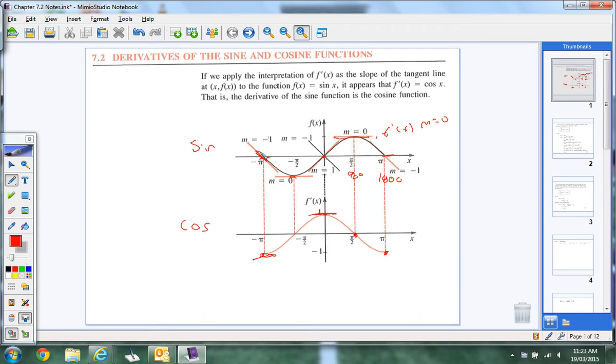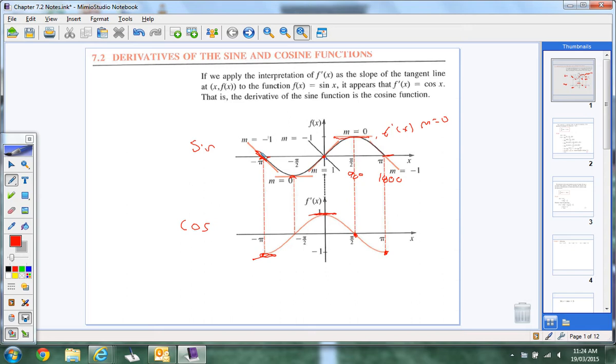I'll figure out why it's negative, but either way it's still related, because right now we're talking about tangent slopes of 0. If it's 0 for positive or negative, it wouldn't matter, because 0 of a negative and 0 of a positive would just be 0. So right now it's hard for me to show you this illustration because of the negative. But I'll give you why it's negative in a little bit.